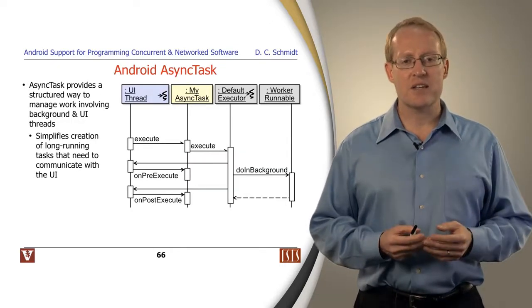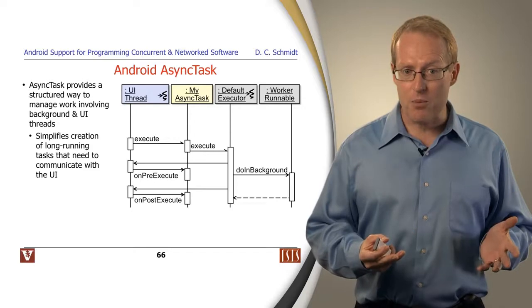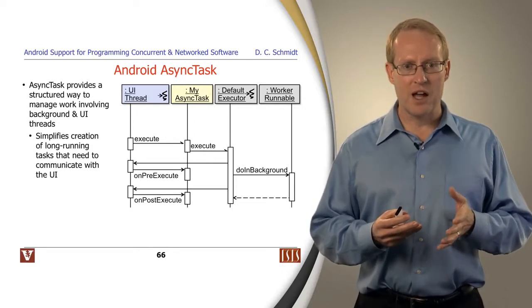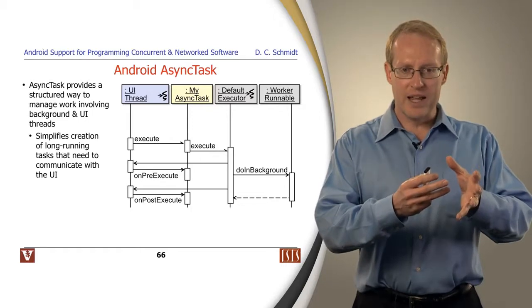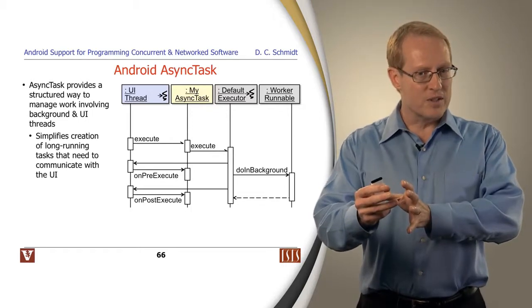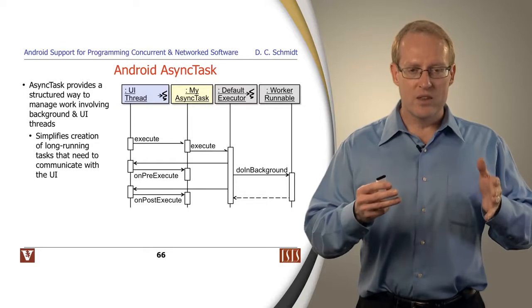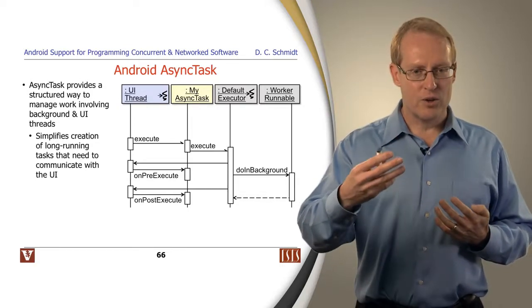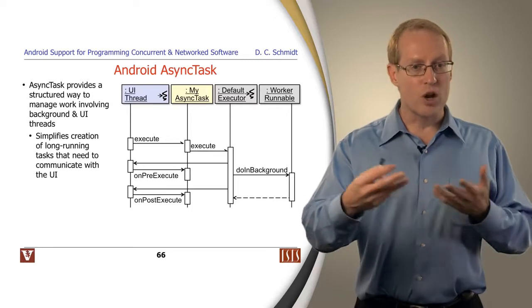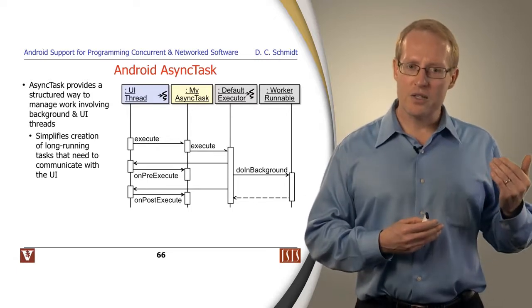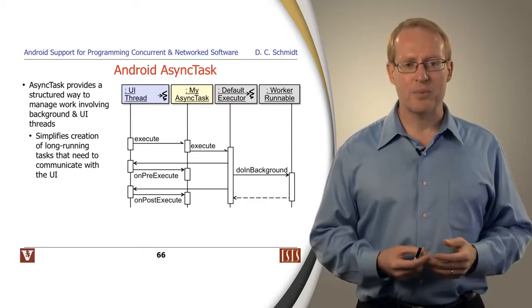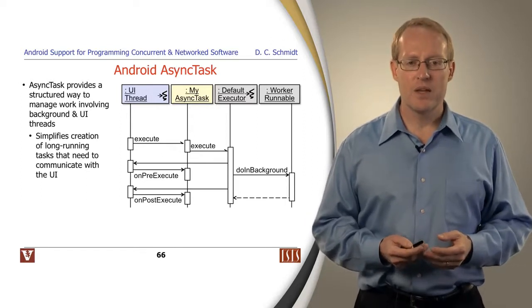What's an async task? An async task is actually a framework that provides a structured way to manage work that involves background threads that are running for long periods of time interacting with the user interface thread. The basic idea here is to allow the background thread to run blocking or long-running operations without causing the UI thread to incur an ANR, an application not responding dialog.